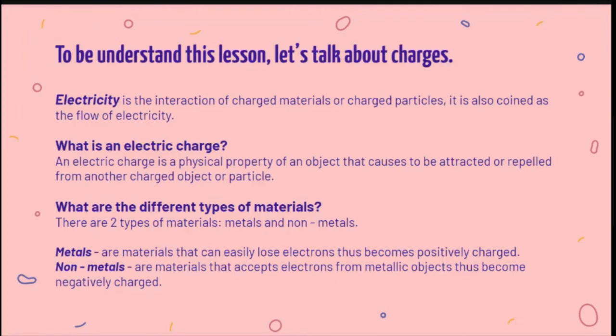Is metal a cation or an anion? Are non-metals a cation or an anion? So how do we classify a cation and an anion? A cation is a positively charged material or ion, and an anion is a negatively charged ion. So how do we have a cation?